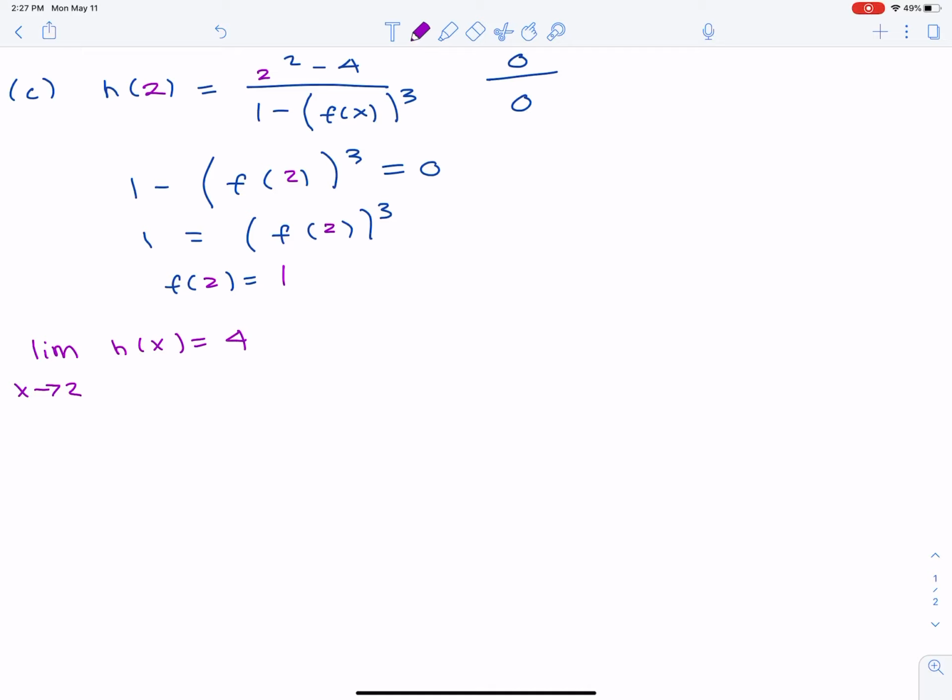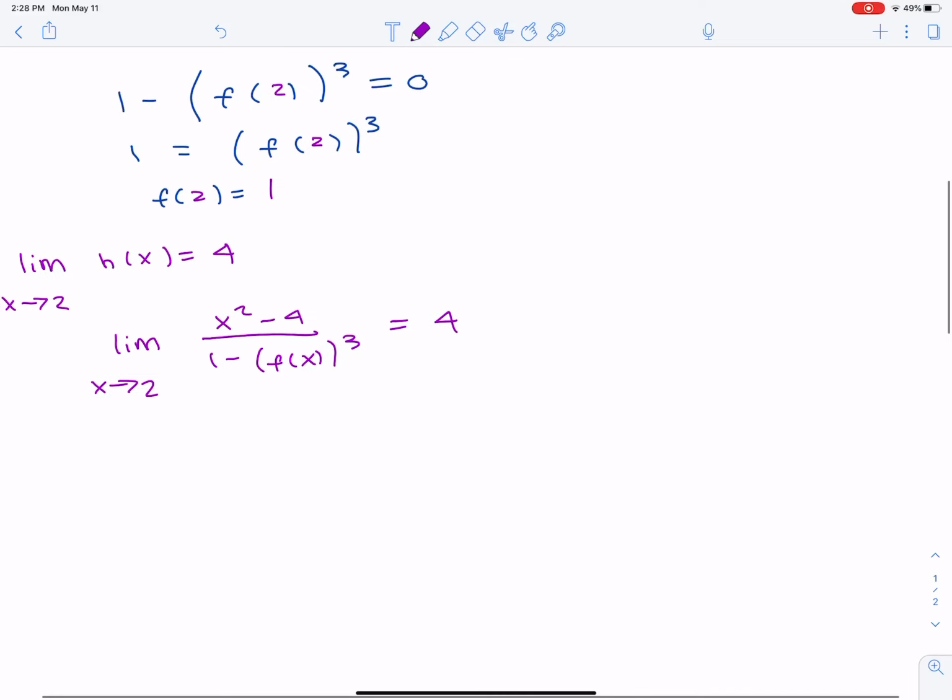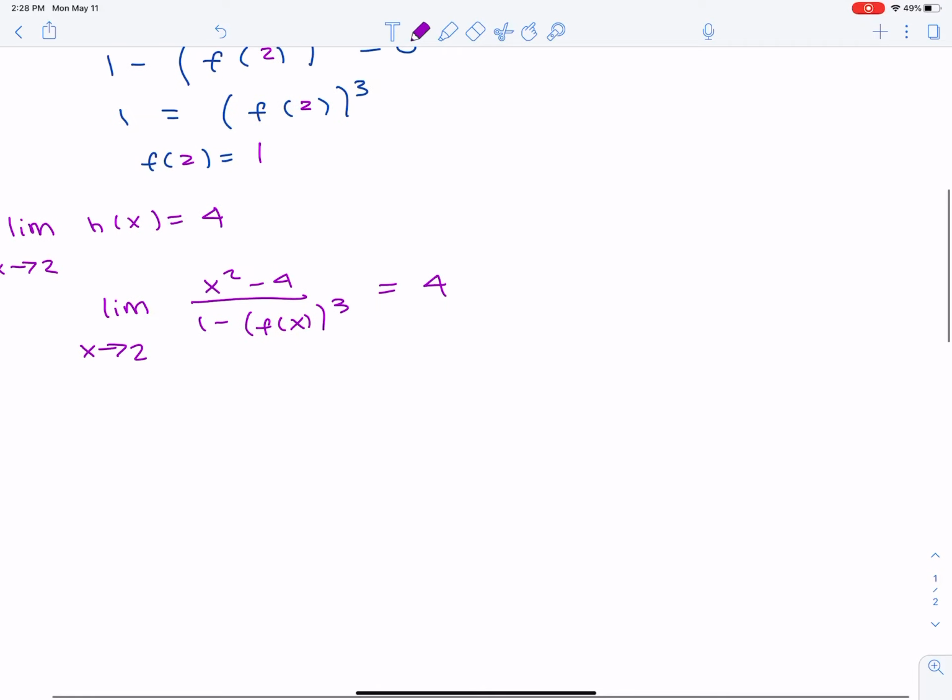Now, what that also means, if we apply L'Hopital's, is that if I take the limit as x approaches 2 of the given function, it has to equal 4. But they said L'Hopital's applies. Okay, since L'Hopital's applies, let's go and do L'Hopital's.